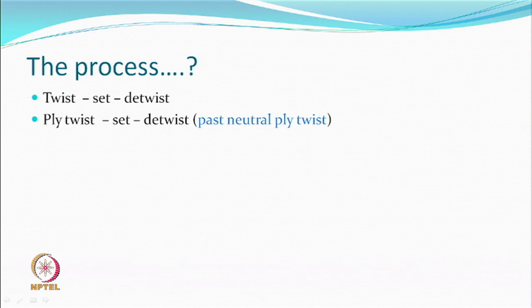As we mentioned last time, if there are two yarns which have been ply twisted, then you can go past the neutral ply twist, but the setting will be different here, and the setting can be through the solvent process. So, this also can be considered as thermo-chemo-mechanical texturing, because you are using a solvent, which is a chemical. You may use a temperature higher than, let us say, room temperature to speed up the process, and it is mechanical because we are twisting and detwisting.